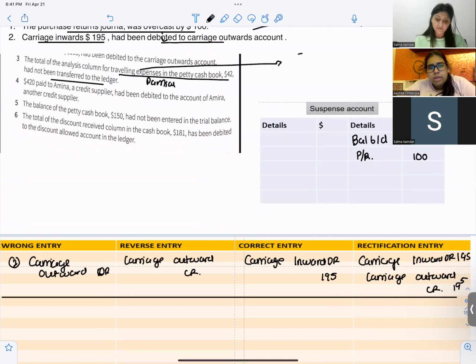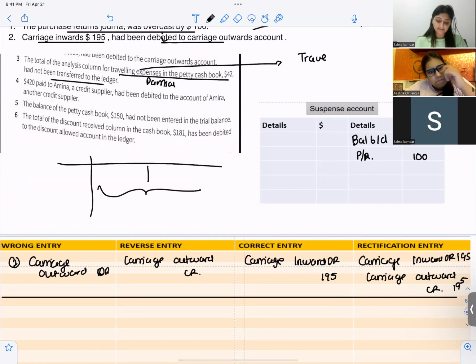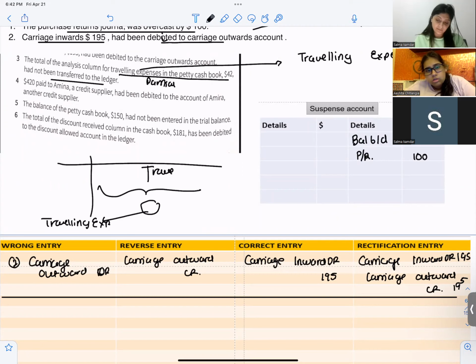So traveling expense debit and suspense credit, 42.